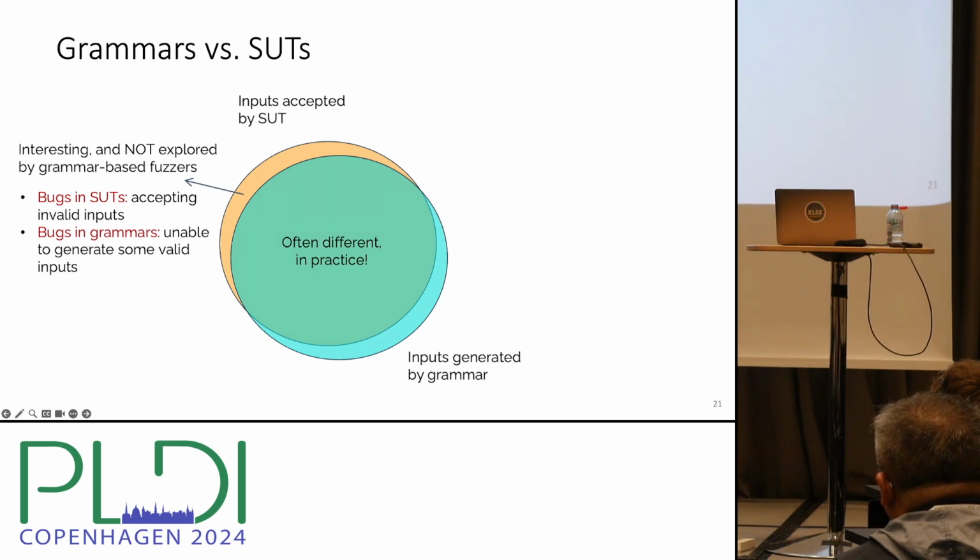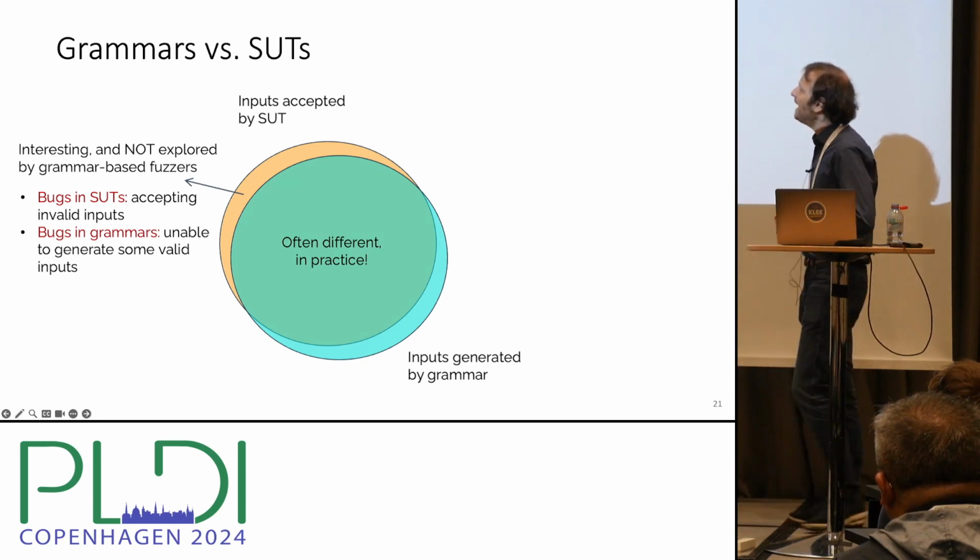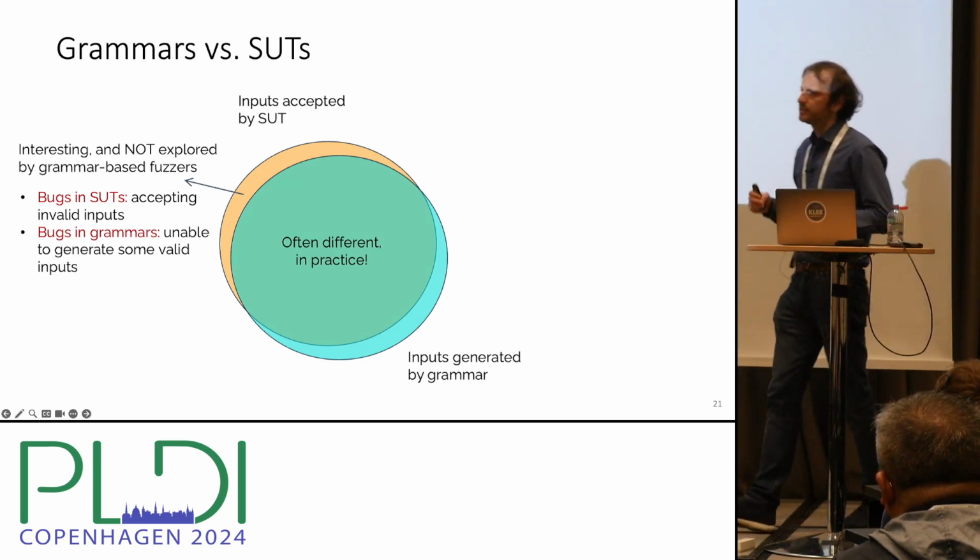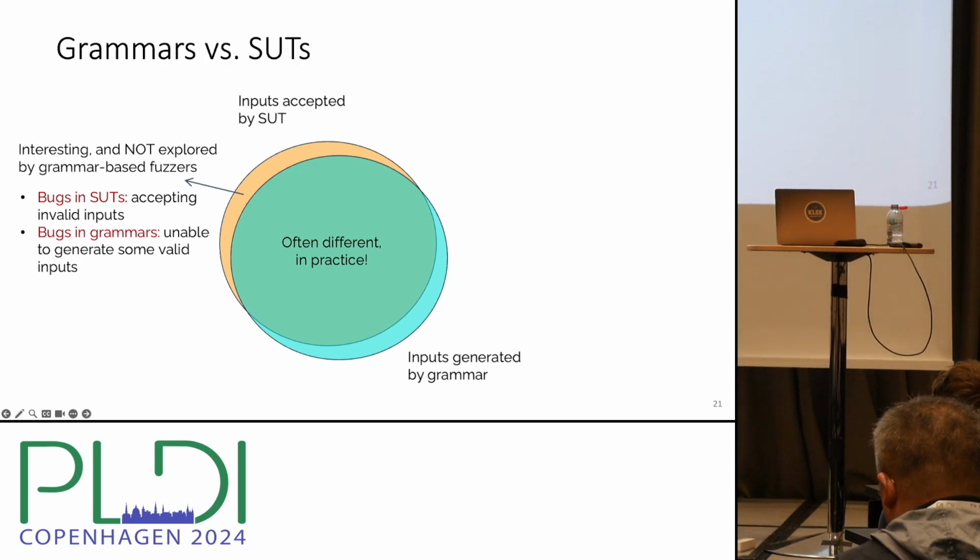And of course, if this input is, for instance, malicious in a security context, that's a big problem. Another thing that these upper left inputs can reveal are bugs in grammars, because there may be an issue with the grammar because it's unable to generate some valid inputs, okay?